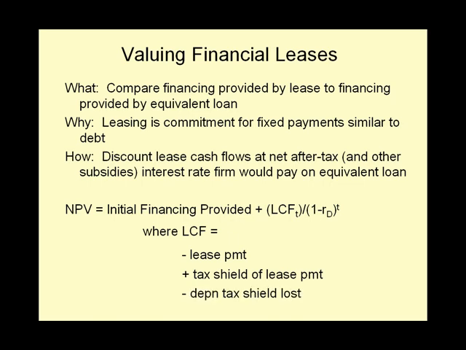And the depreciation tax shield lost. If the firm leases and hence does not buy the asset, the firm does not get to record depreciation expense on its income statement, and hence does not get a tax deduction. The resulting depreciation tax shield lost is a cash outflow.